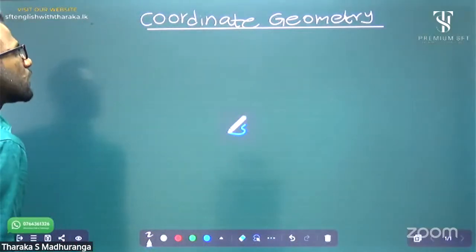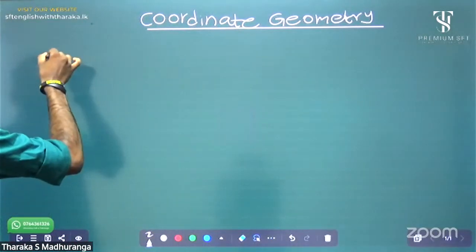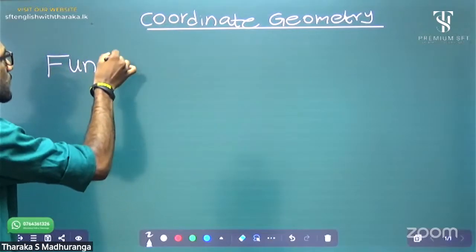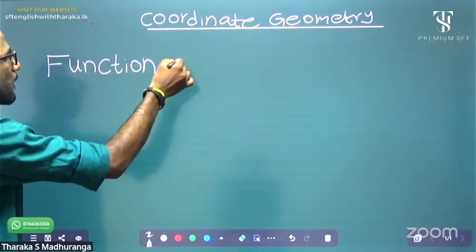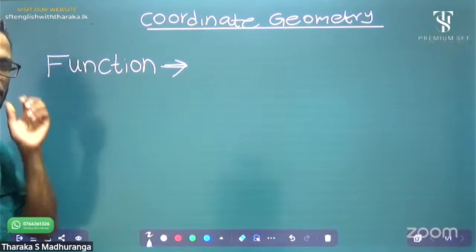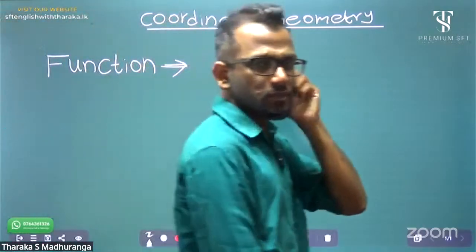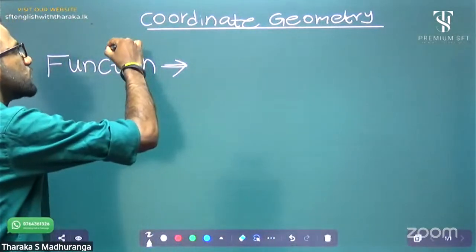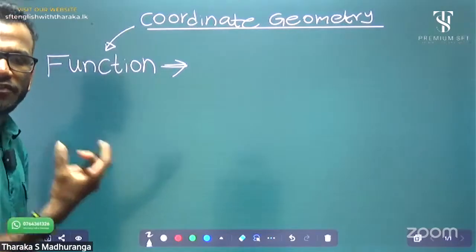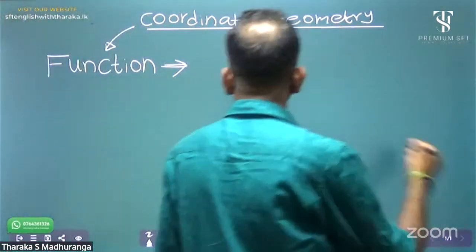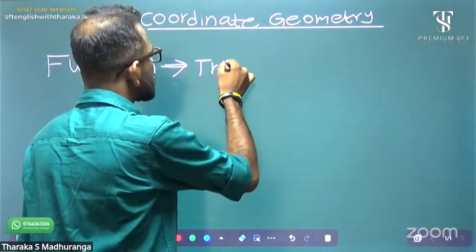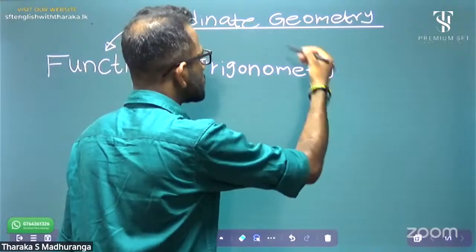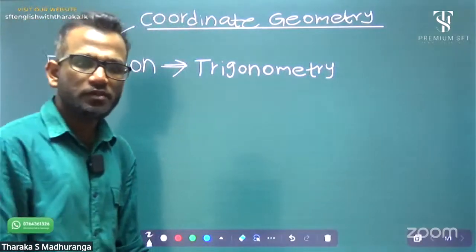Okay, what's the meaning of function first? In coordinate geometry, we mainly discuss functions, different types of functions. Trigonometric function is a type of function, right? What else? Function types. What is the meaning of functions?